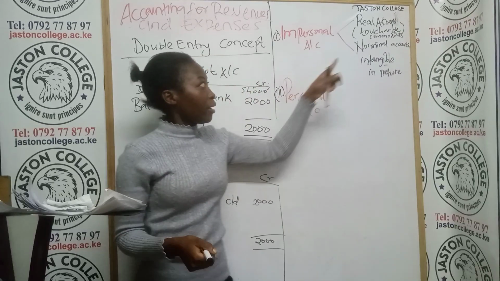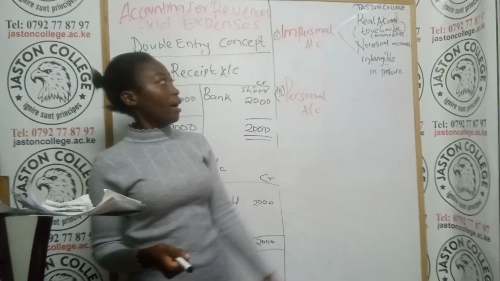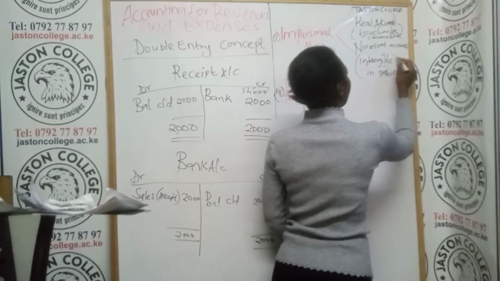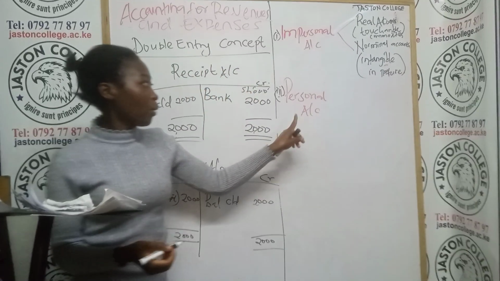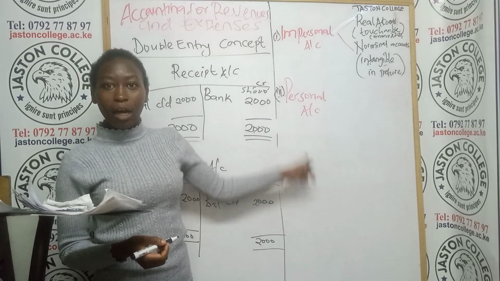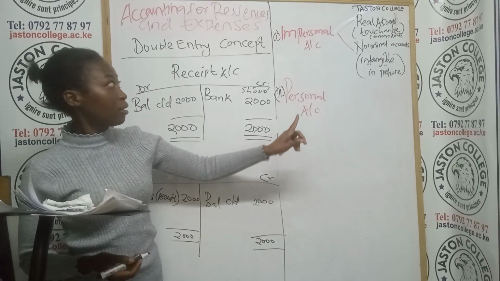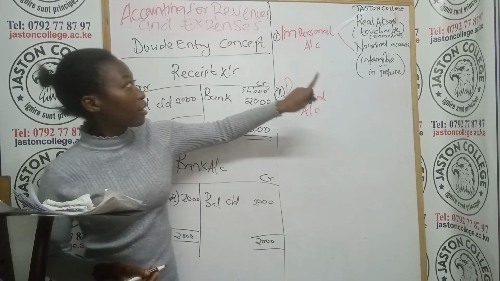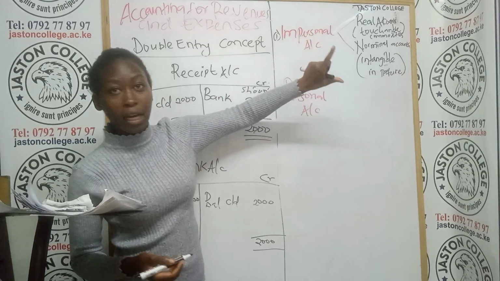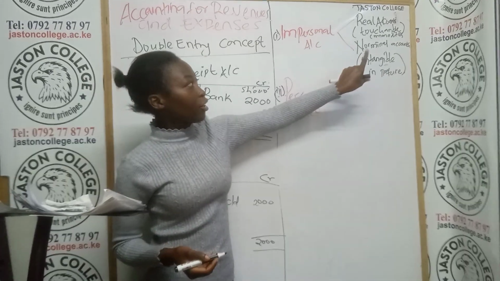So these are our real accounts and the nominal accounts. The impersonal accounts are two, the real and the nominal accounts.